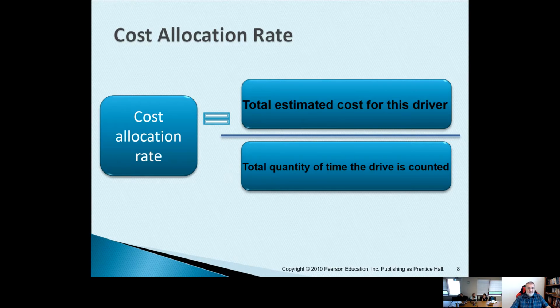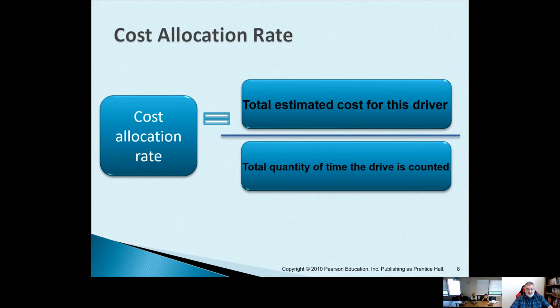For the month of January, his labor cost is so much money. So we've estimated how much cost for that driver. For ease of numbers, let's say I'm paying him $1,000 a month. So the total estimated cost for that driver is $1,000 for the month of January.